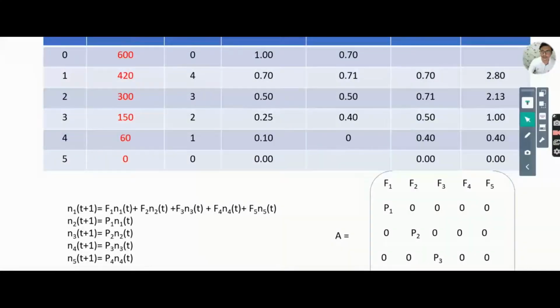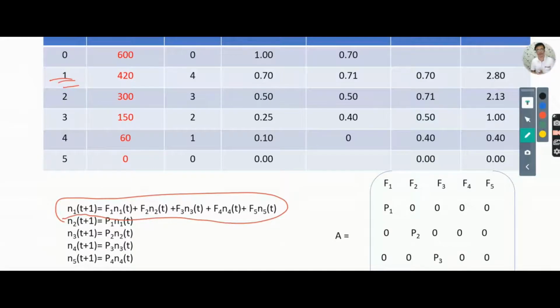Now your calculation comes here. This is your calculation. N1 at t plus 1. As I told you that when the first time starts, when you are at 1, you may have all the reproductive ages. Maybe all ages are there. Starting the young ones are there, middle aged are there, old aged are there.